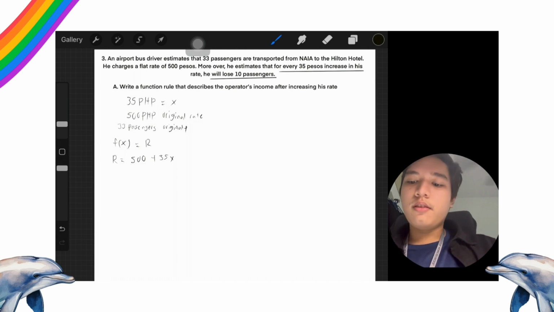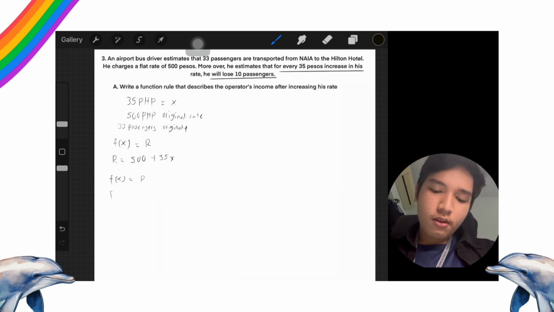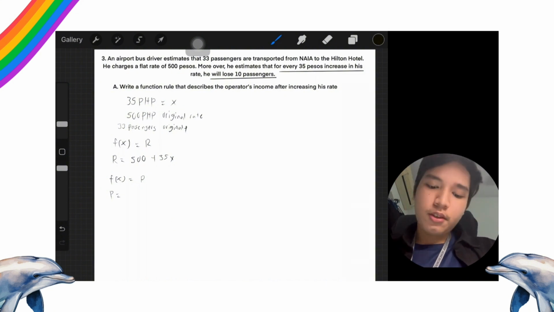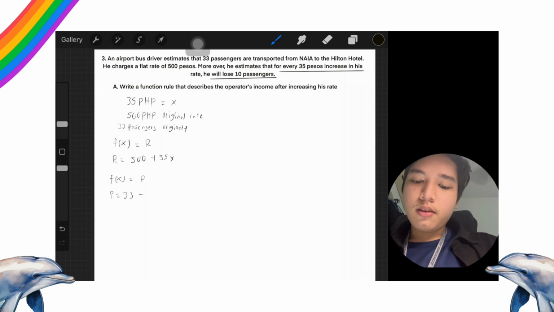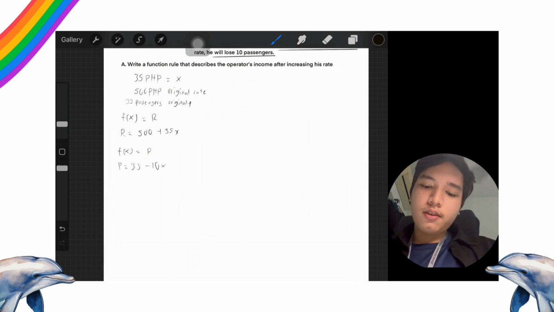Now we have to find the new number of passengers after the increase. What was the original number of passengers? It was 33 passengers minus 10, as he will lose 10 passengers every time he increases it. So 33 minus 10x. We have the number of his passengers.